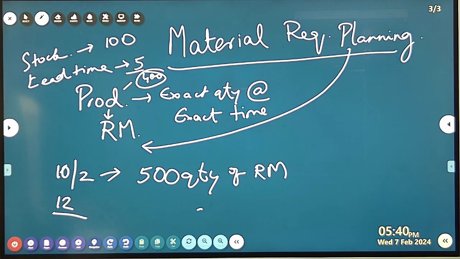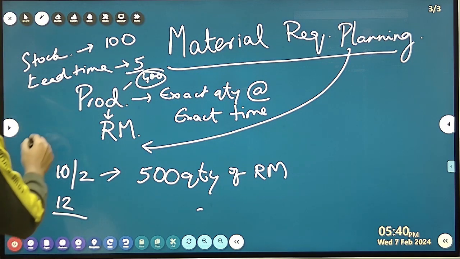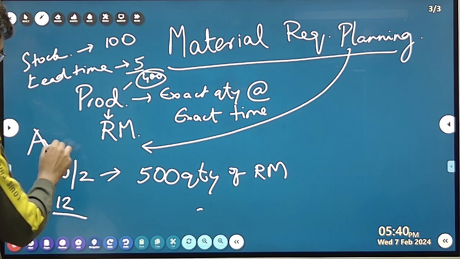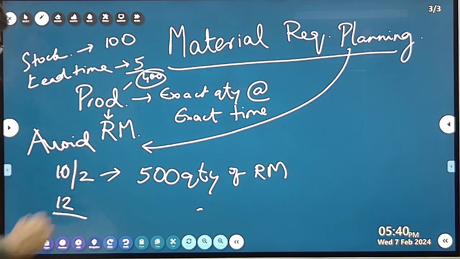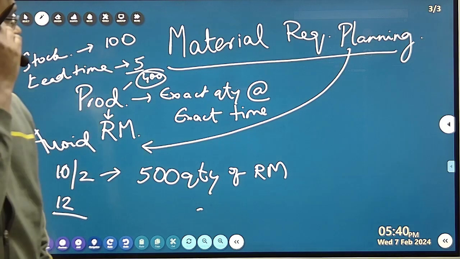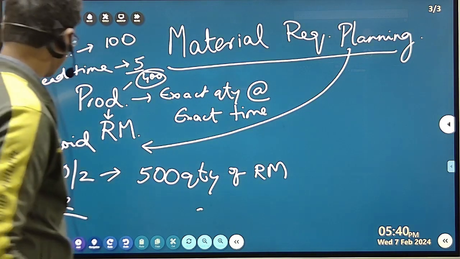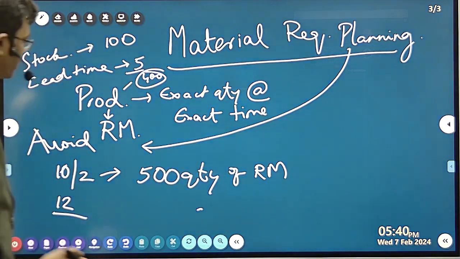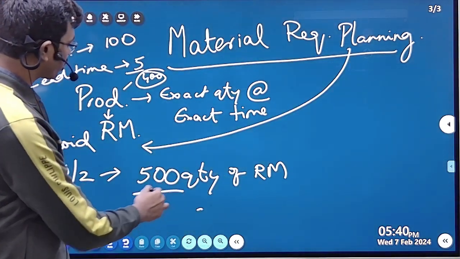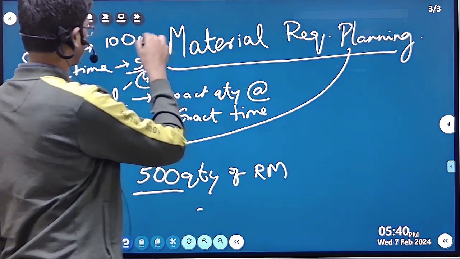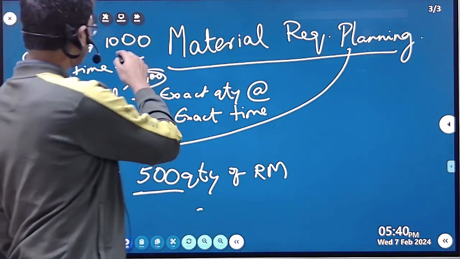Okay, so to avoid such a scenario, you will have to have a material requirement planning process. Okay, so this is MRP. And it should also not be in such a way that you need 500 and you are holding a stock of 1000. So this is again a waste, right?